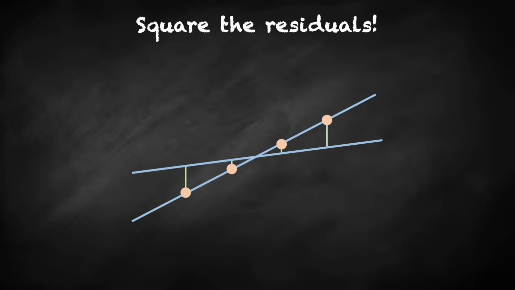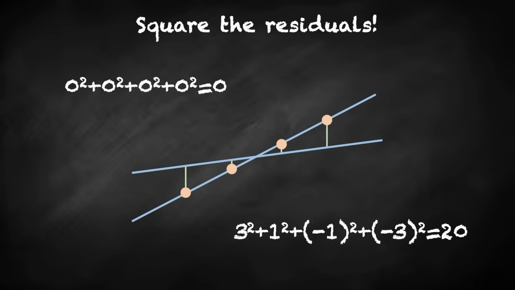Instead of just summing the residuals, we can square them first so that the negative and positive residuals don't cancel out. Now we still get a total of 0 for the first line, but for the second line, we end up getting 20, which reflects that that line is actually a worse fit to the points.